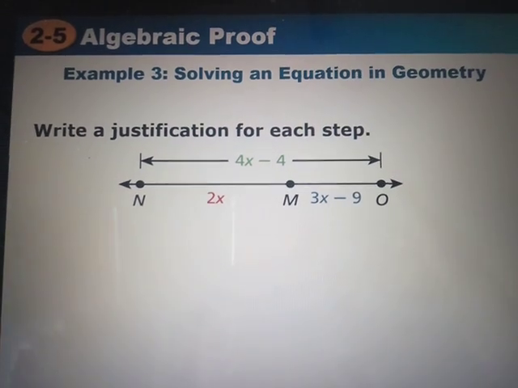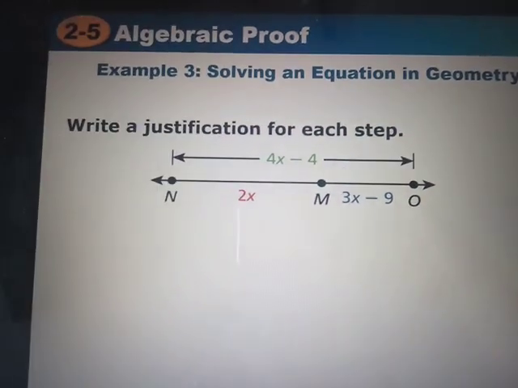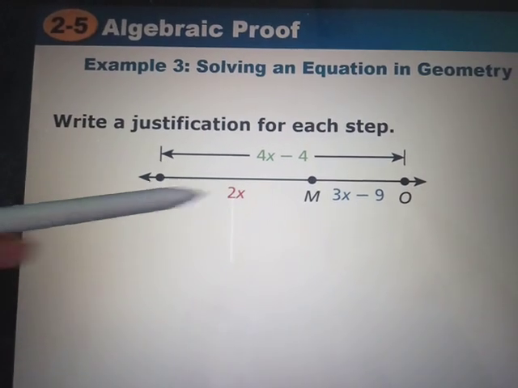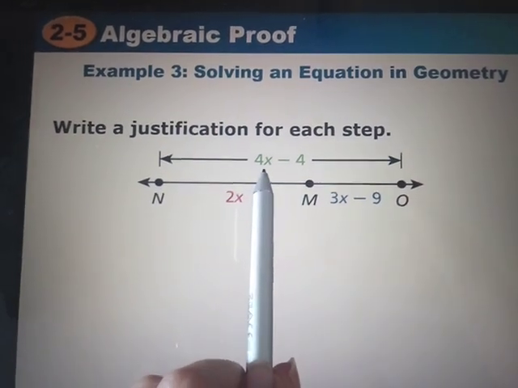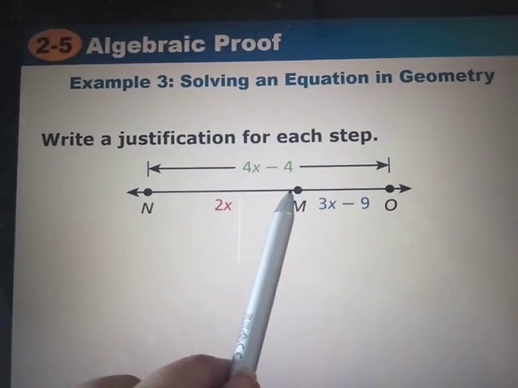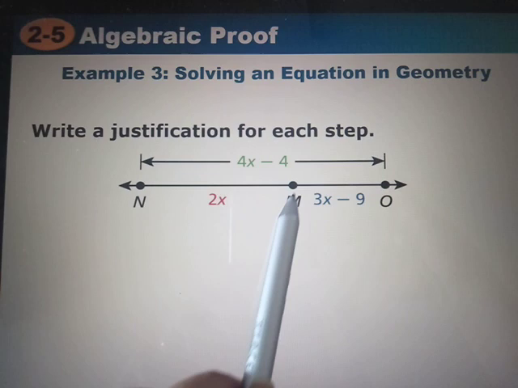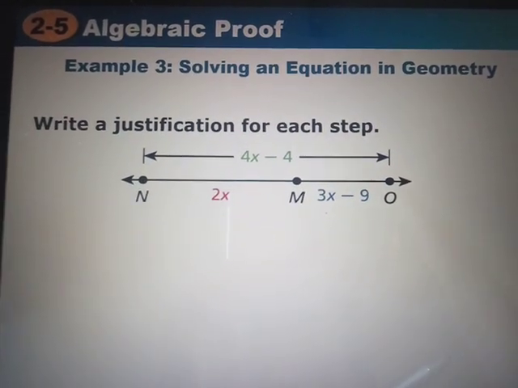Justification for each step. What information is given here? The length of NO equals 4x minus 4, the length of NM equals 2x, and the length of MO equals 3x minus 9.